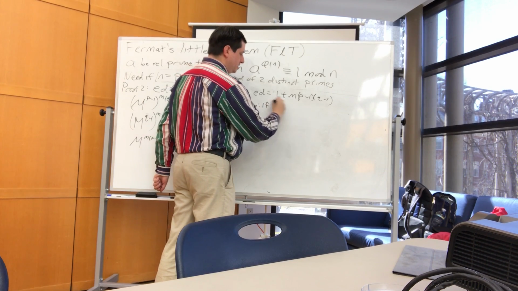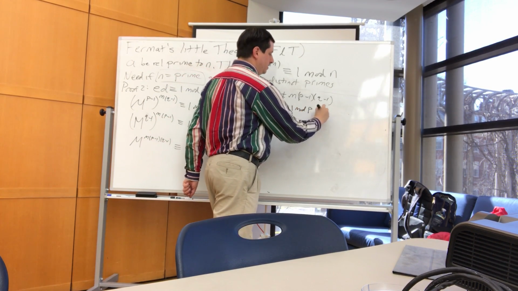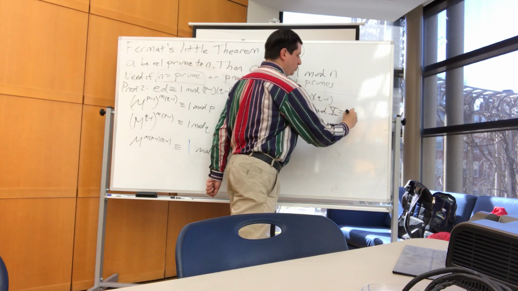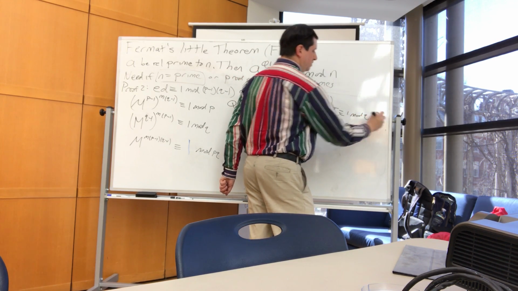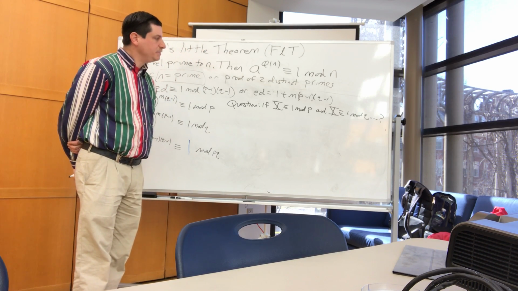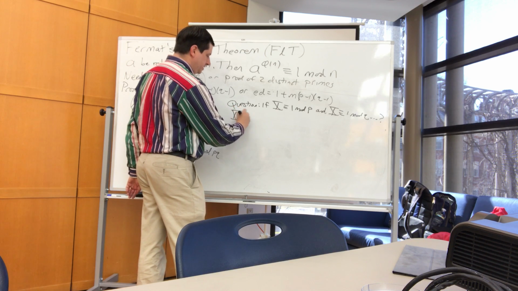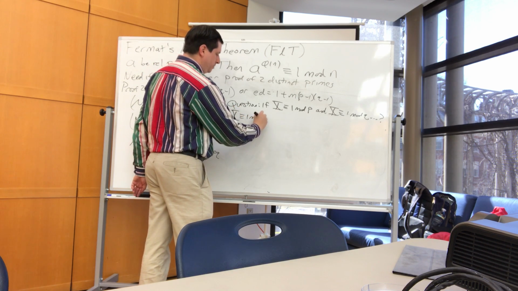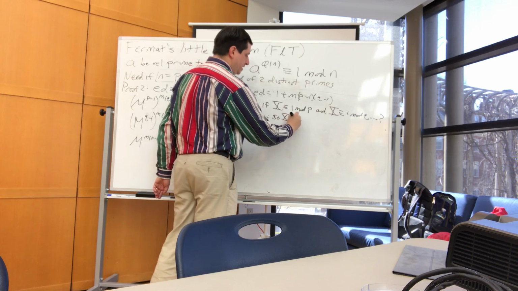If x is equal to 1 mod p and x equals 1 mod q, let's think about what it means for x to be 1 mod p. So x is 1.